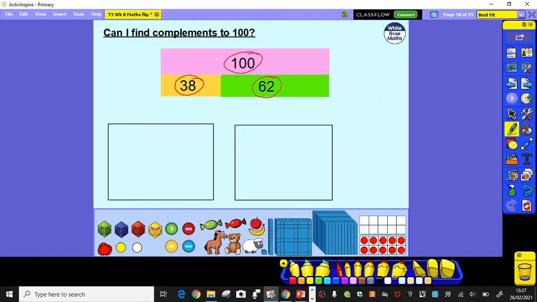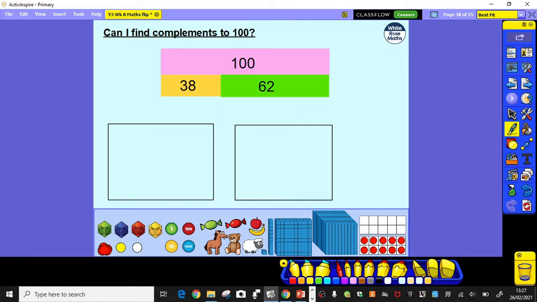If we think about our sentence that we learnt, it says, first of all, add the ones to make 10. Well, 8 and 2 makes 10. And then we need 9 more 10s. So 3 10s and 6 10s makes 9 10s to give us our 100.